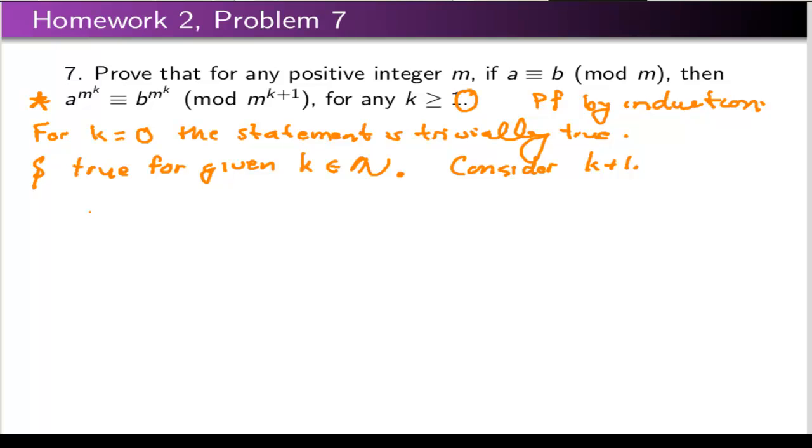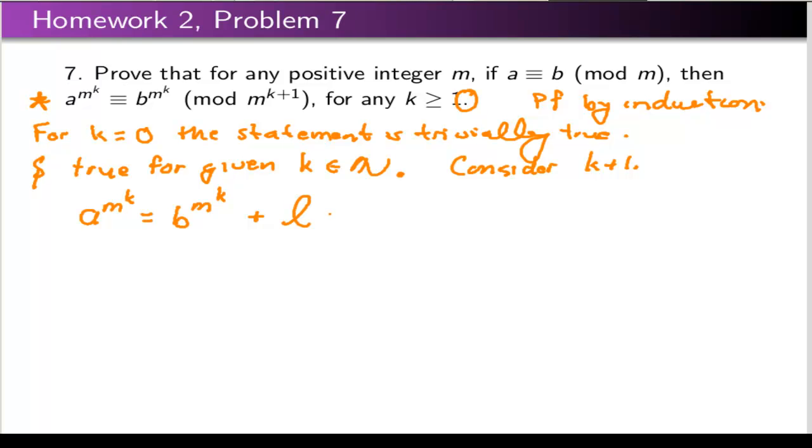To be true for a given k means star right here is holding true. So what does star mean? That means a to the m to the k equals b to the m to the k plus some multiple of m to the k plus 1. So what do we want to call that multiple?